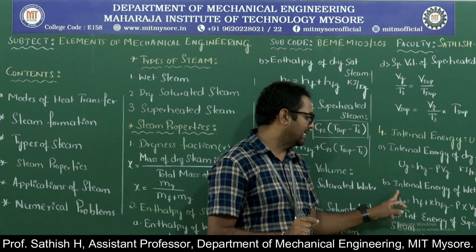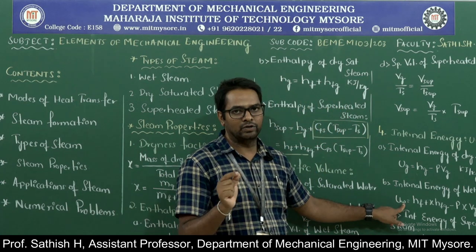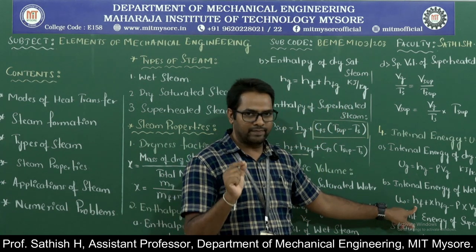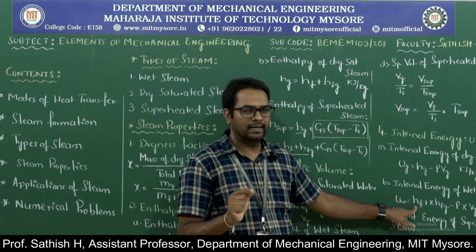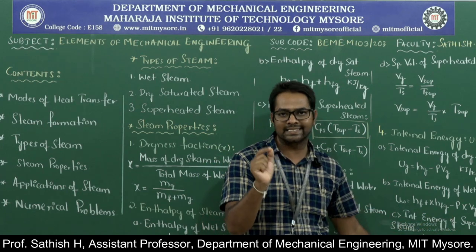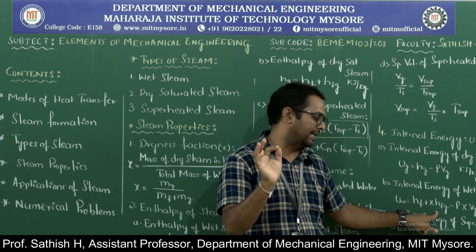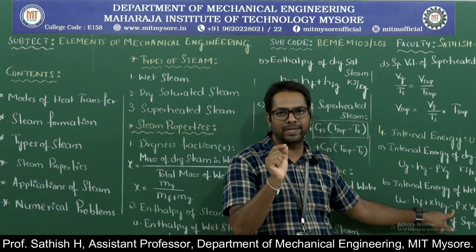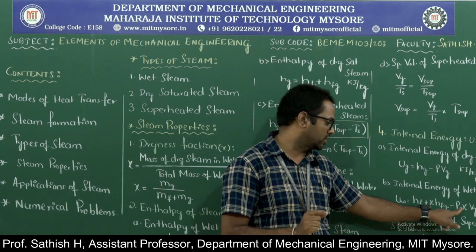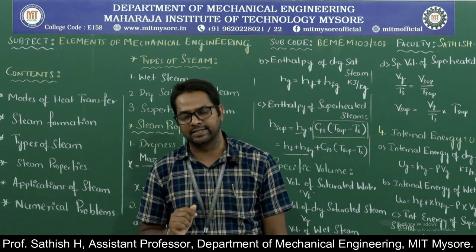The internal energy of the wet steam is given by Uw is equal to Hf, that is the sensible heat, plus X into Hfg, where X is the dryness fraction and Hfg is the latent heat of evaporation, minus P, the corresponding pressure, times X, again the dryness fraction, times Vg, the volume of the dry saturated steam.